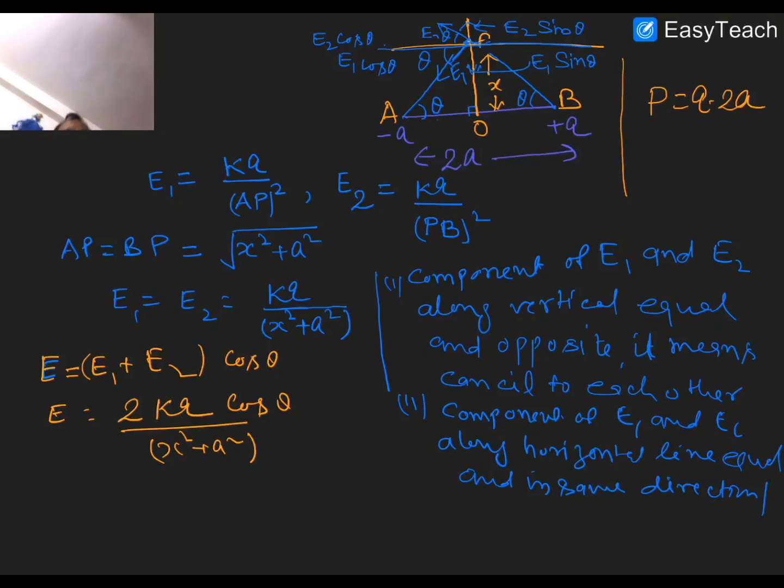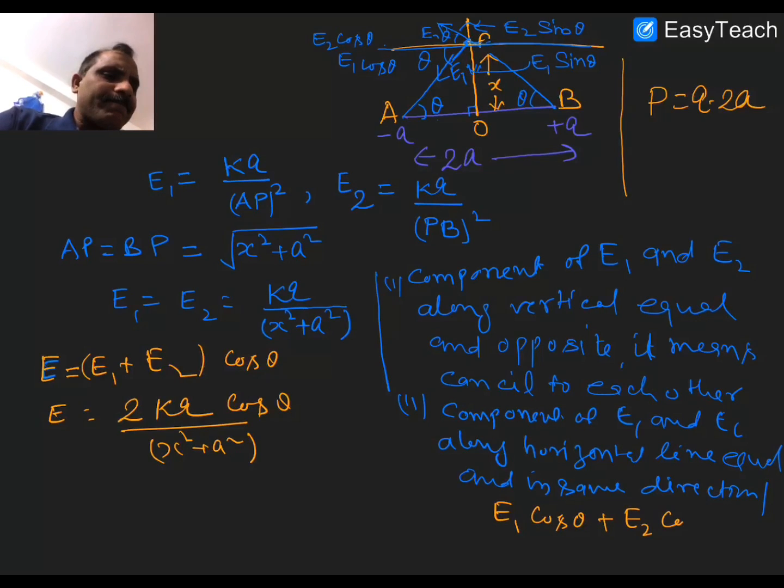This is the electric field at point P due to the equatorial line. E1 cos theta plus E2 cos theta.